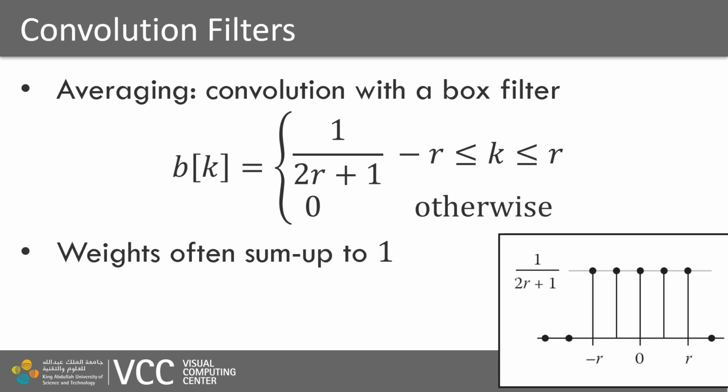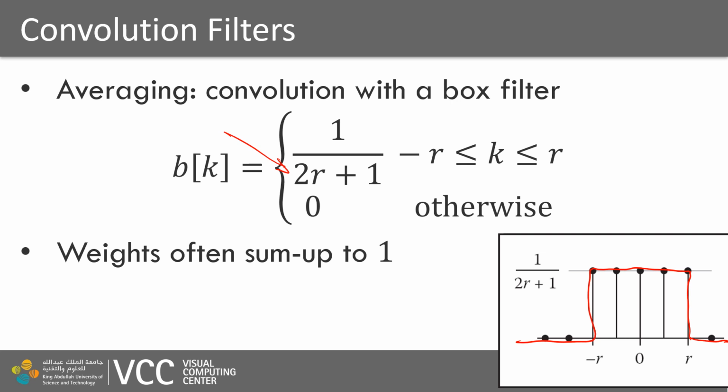So let's have a look at a few convolution kernels. One is the box filter. The box filter is a uniform averaging, so each value in the neighborhood of our signal A will be weighted with the same value. That's why it's a box, because it just forms this kind of a box. And in the discrete case, the weight is 1 over 2r plus 1.